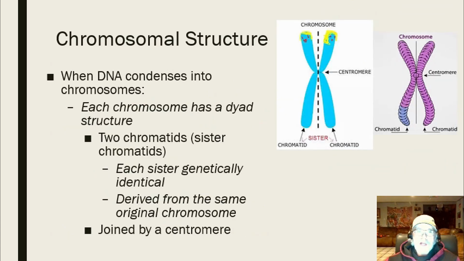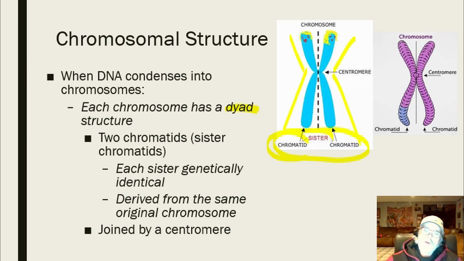Only during a certain portion of mitosis does the DNA actually condense into what we call a dyad structure, which means it's two sides. Each of those is called a sister chromatid. I have a sister chromatid here and a sister chromatid here, and they're genetically identical.